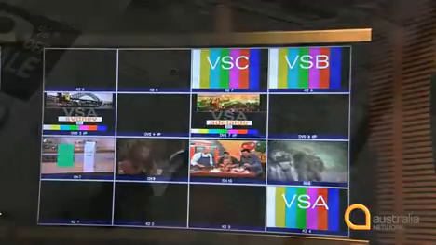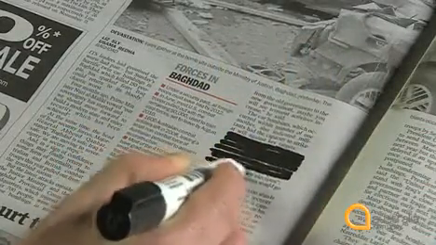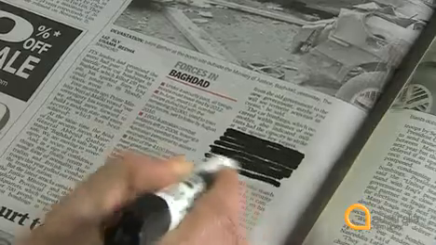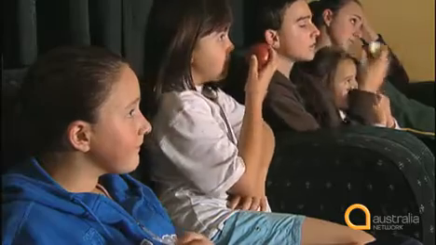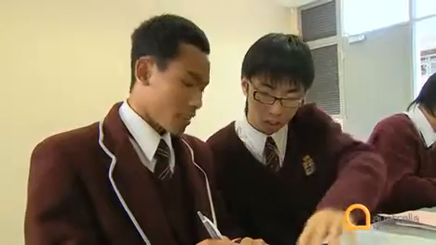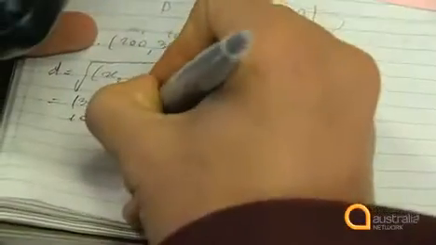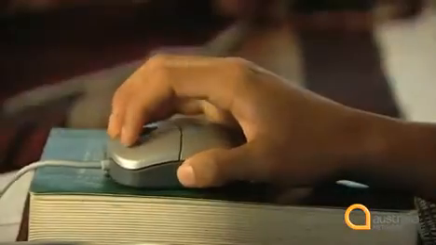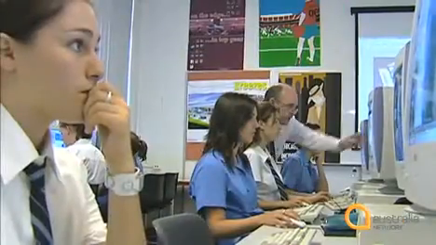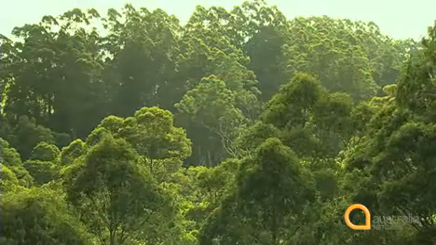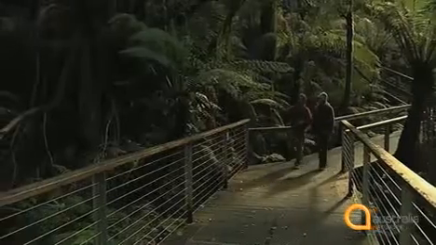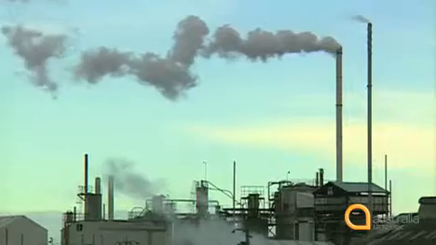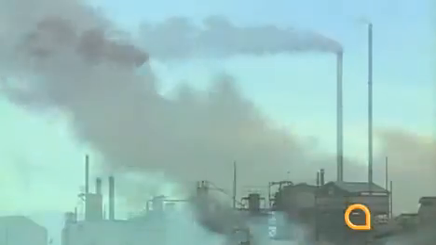Media, censorship, privacy, or the influence of advertising. Education, testing, computers, public and private education. Environment, ecotourism, global warming, pollution.